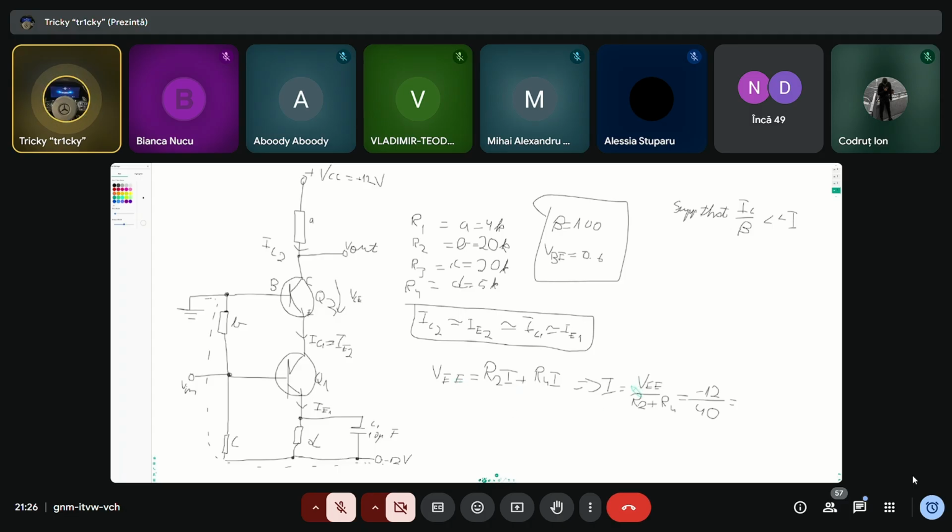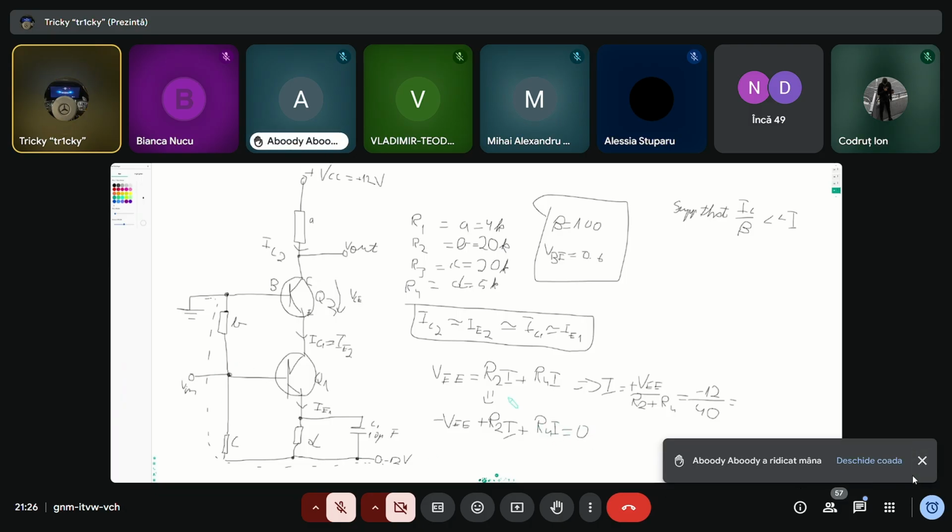When we move it to the other side, it's going to be minus, no, it was good. When you first take this Kirchhoff, you're supposed to write it as minus VEE plus R2I plus R4I equals 0. This is how you use it.